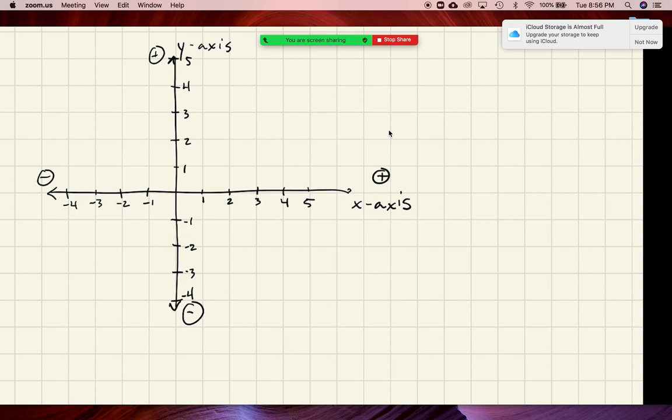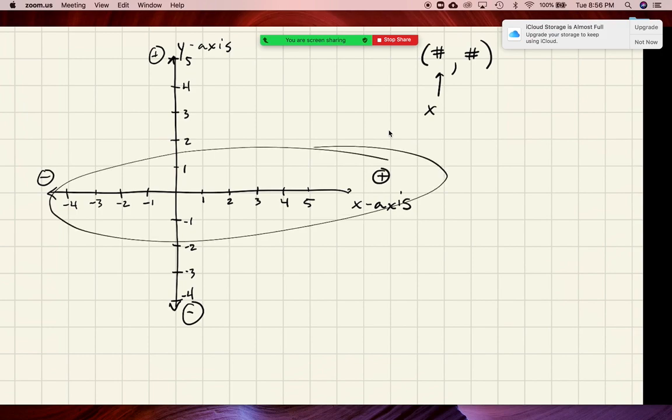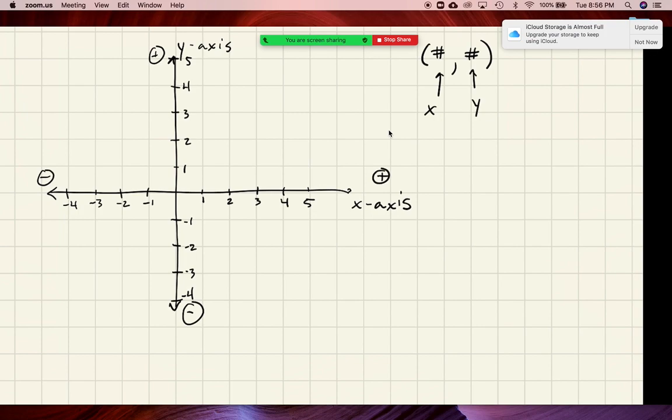is plotting a point where the first number, which could be positive or negative, is the x, so you do it on the x-axis. The second number is the y. So if I had 2, 3, both of them are positive. The x is the 2, so I start here and go 1, 2.